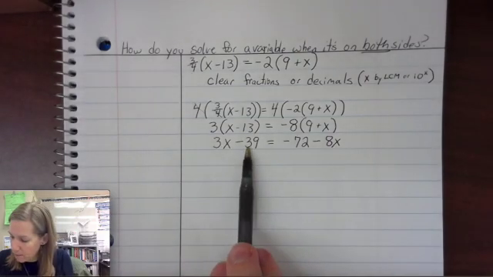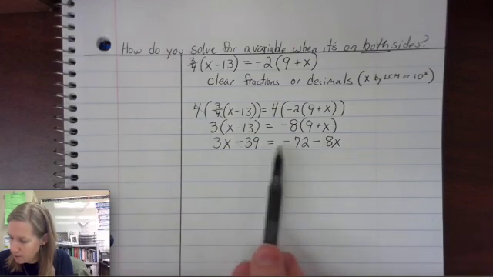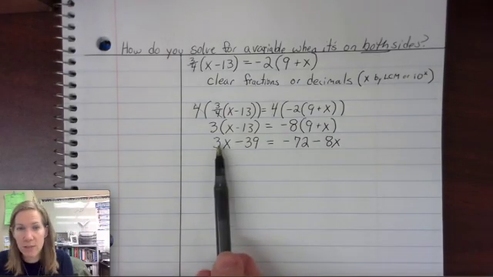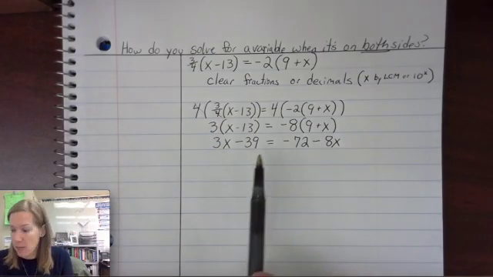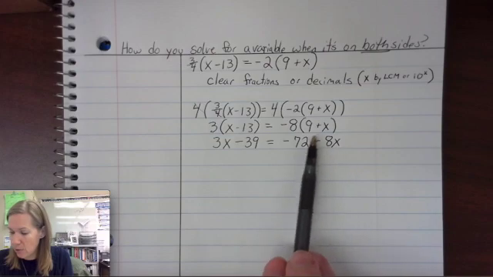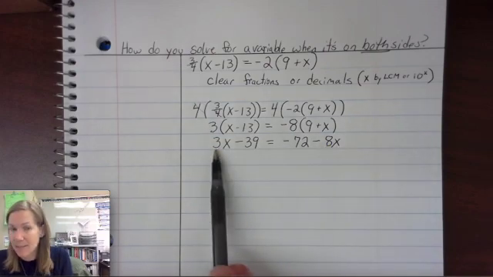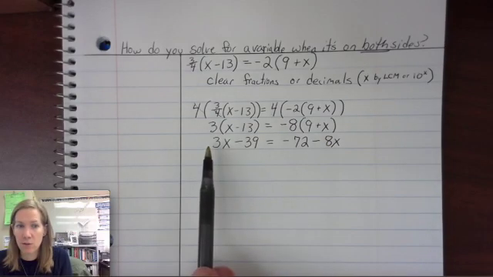Once we have every term on its own, now we need to move the variables to the same side. Now I always go with the least coefficient. So in this case, the coefficient on this x is -8. -8 is less than 3. So I'm going to move this one to the other side.